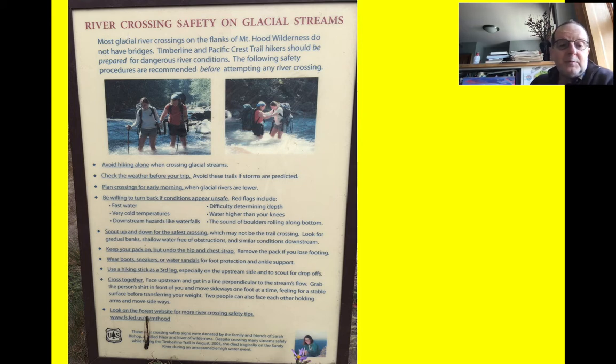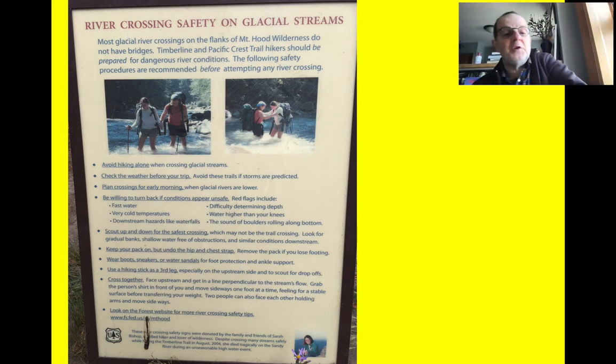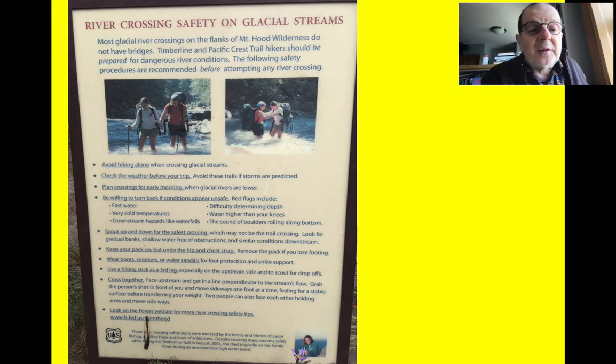You have to be ready, and sometimes you have to go through, particularly this time of year, a very fast-moving stream that's got snow melt in it, and so you need to be ready to get across that stream in a safe manner. And so here are some tips for getting across the stream, and hopefully you are not alone.